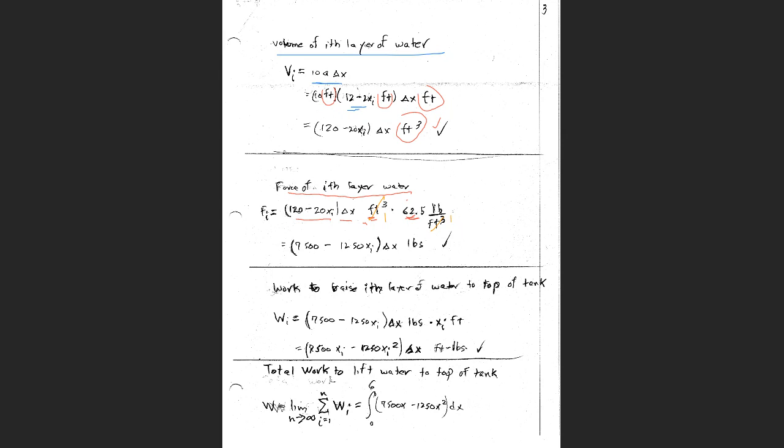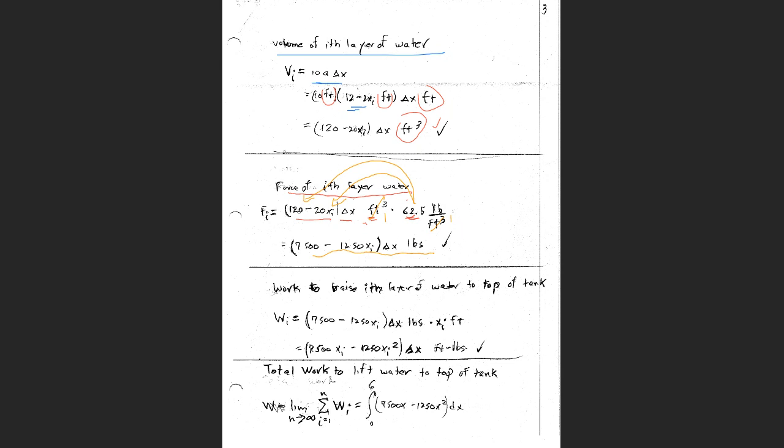Naturally I'm going to distribute the 62.5 to the 7,500 and the 20 times xi, and this is going to give me 7,500 minus 1,250 xi times delta x pounds. That's the weight of the ith layer of water.